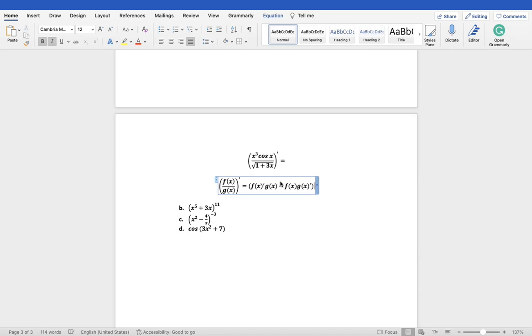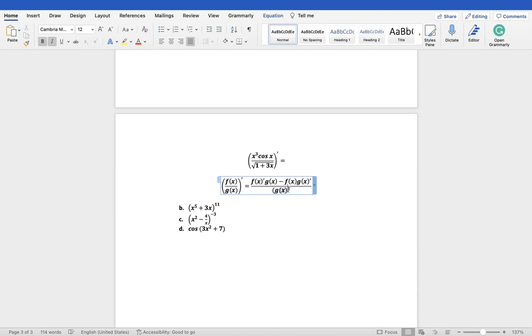And then you divide all of that by the denominator squared, which is just g of x squared.